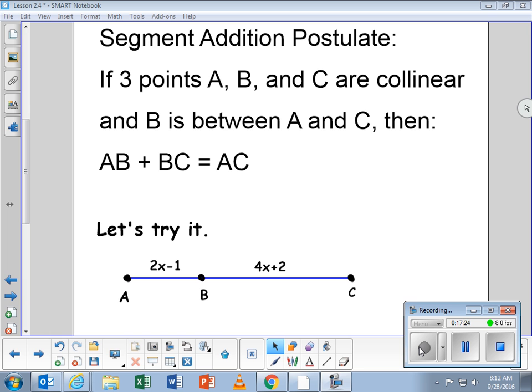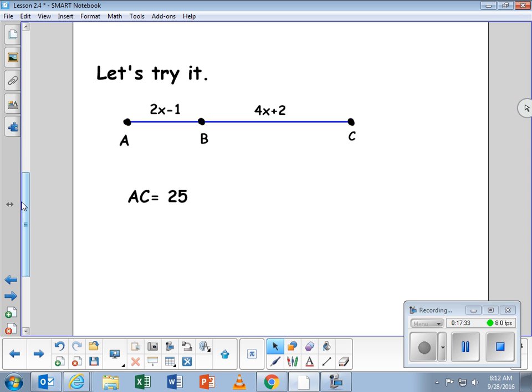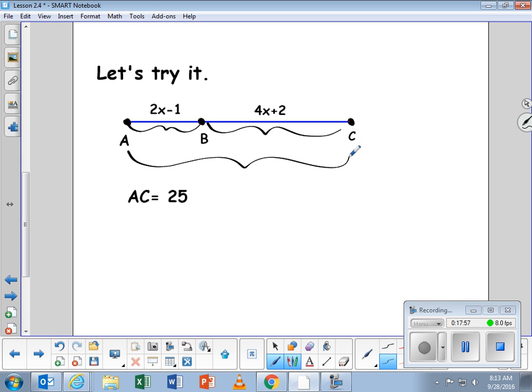Do you have any questions on what the segment addition postulate is saying? Okay, let's try it. So the segment addition postulate says that since A, B, and C are all on the same line, and since B is between A and C, then the distance from A to B plus the distance from B to C is equal to the distance from A to C. Okay?